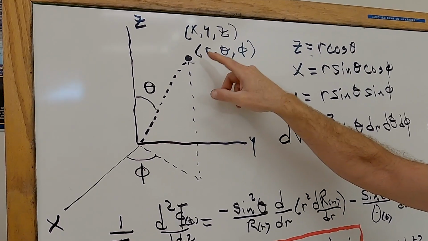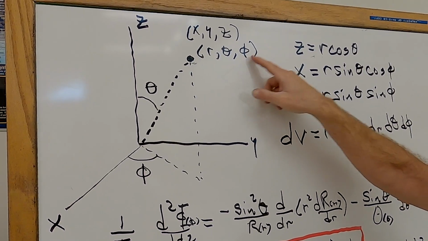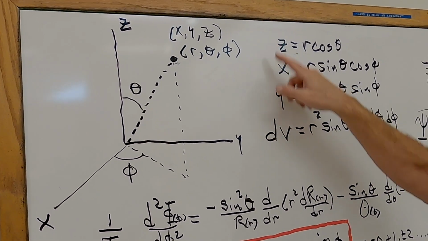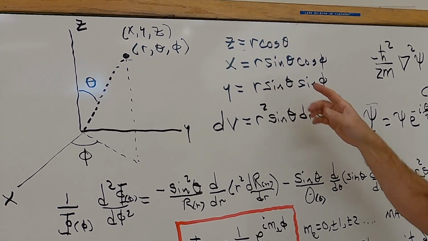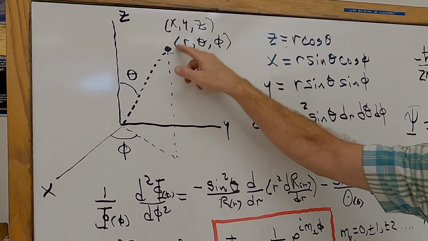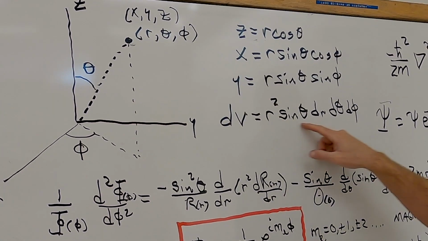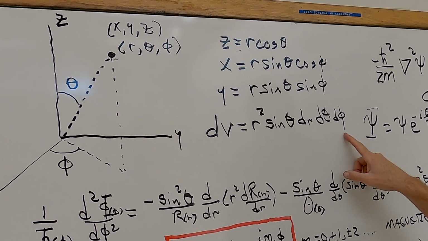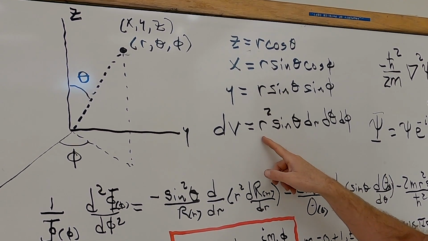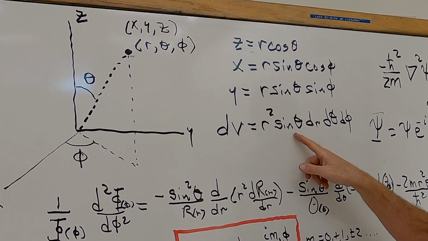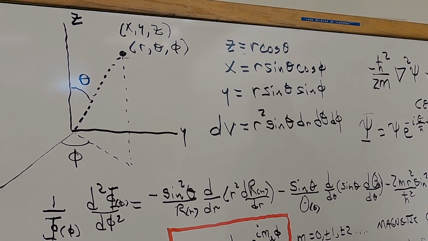In spherical coordinates, it's r, theta, and phi, where these were the relationships between x, y, z and r, theta, phi. And the volume element, a little teeny volume element out here, is given by this. So anytime we do any integration over r's, we have to throw in an r squared. Anytime we're integrating over a theta, we've got to throw in an extra sine theta.